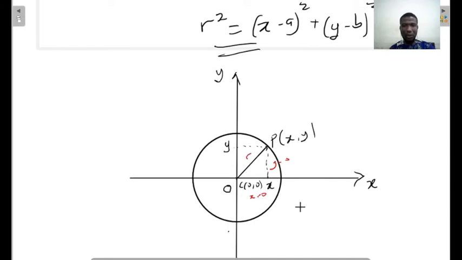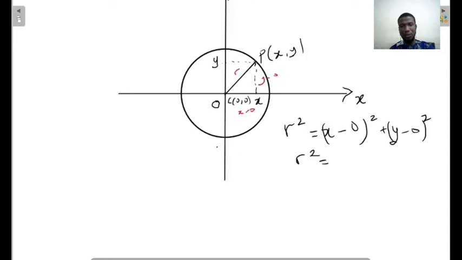So using Pythagoras theorem again, we are going to have R squared being equal to (X minus 0) all squared plus (Y minus 0) all squared. And R squared is going to be equal to X squared plus Y squared.